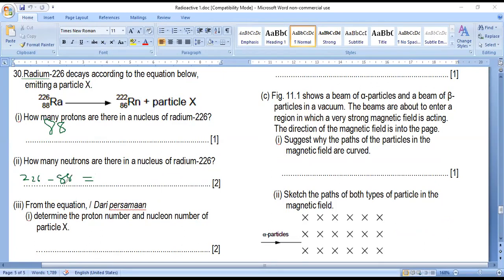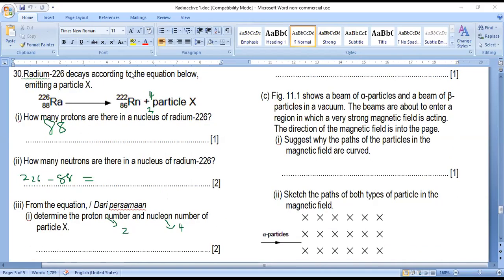From the equation, determine the proton number and nucleon number of particle X. The proton number will be 2. Nucleon number will be 4.